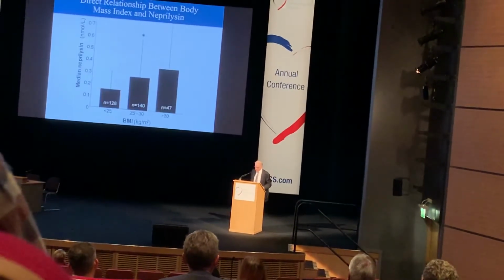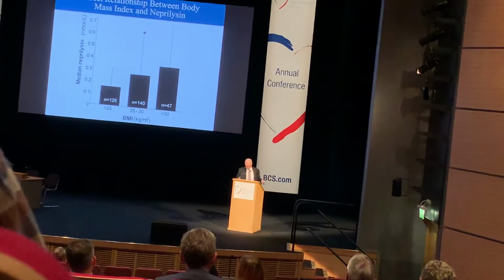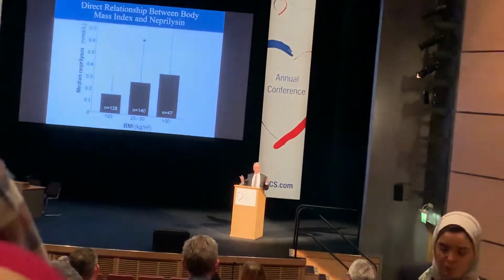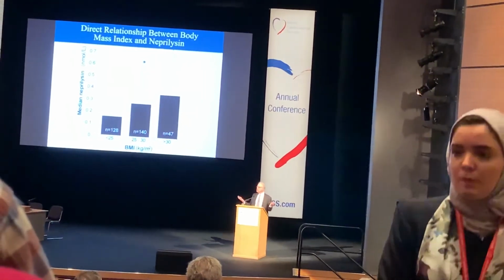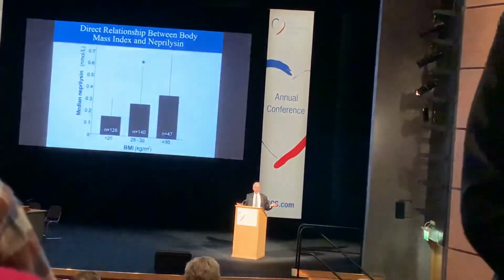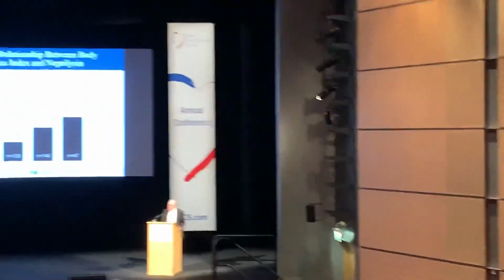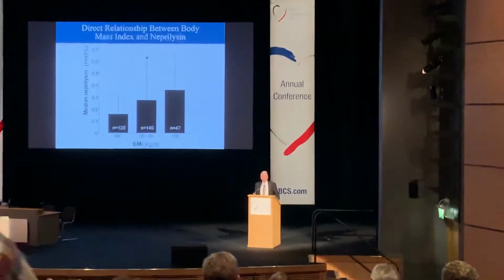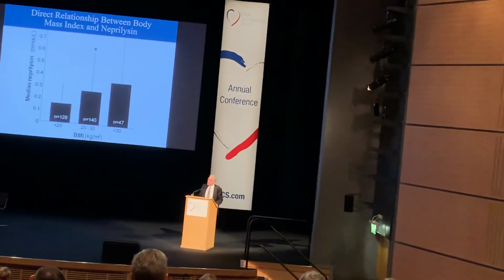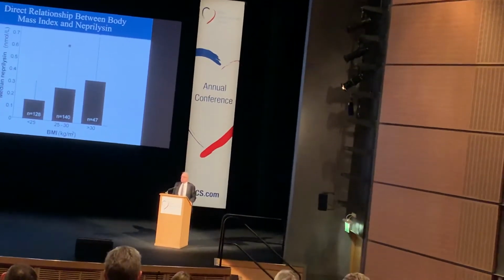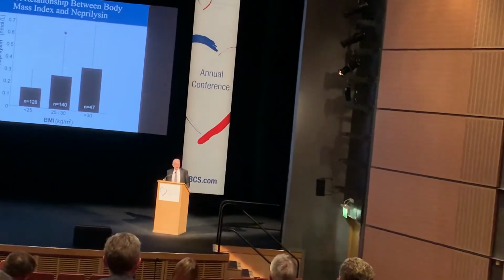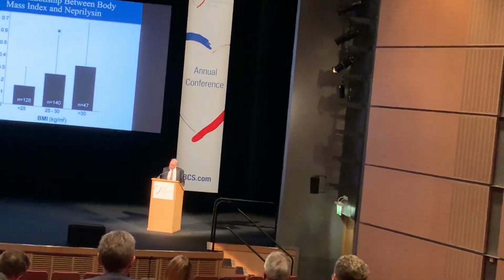As body mass increases, neprilysin increases. Why? Adipocytes make aldosterone. They make neprilysin. And in fact, it has been estimated that most of the aldosterone in an obese individual is coming from adipocytes and not from the adrenal gland.